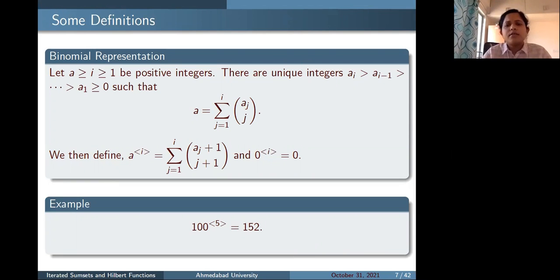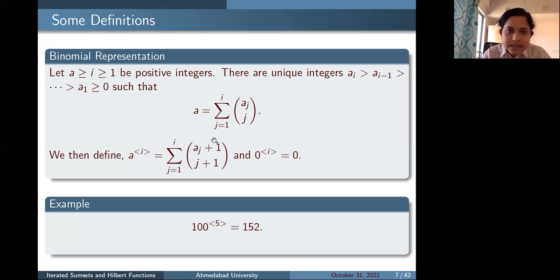Then there are unique integers in increasing order, so that a can be written in this binomial expression, a is equal to the summation of binomial a_j choose j, where j is running from 1 to i.